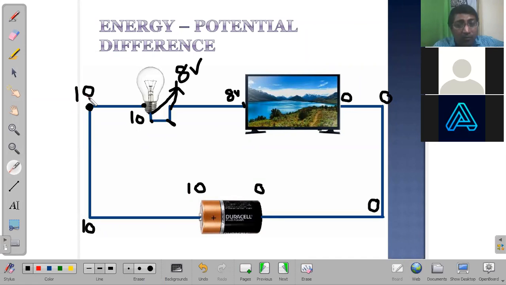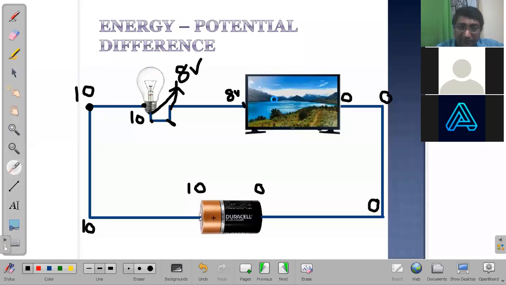So from now on, guys, whenever you hear potential difference, I want your brain to have some information. You can say that potential difference is the energy consumed by an electrical appliance. Okay. Potential difference is the energy consumed by an electrical appliance. Here it's 2 volts. Here it is 8 volts.